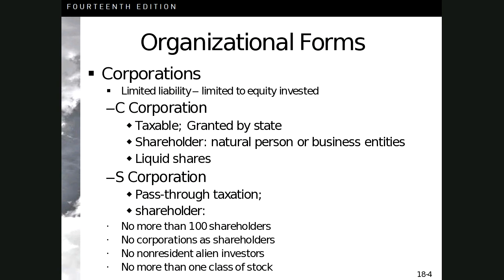So its equity holders can really sell and buy; it's really liquid. And then you can have an S corp. An S corp has no more than 100 shareholders. So you cannot just randomly buy and sell to an infinite number of people. No corporations as shareholders.